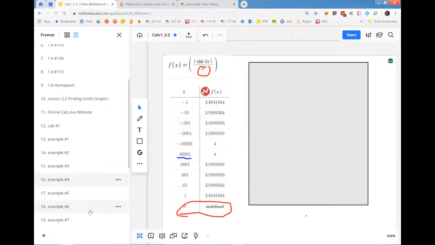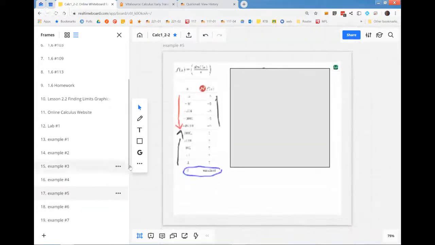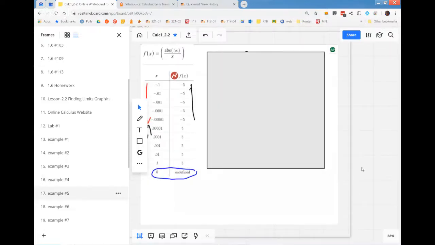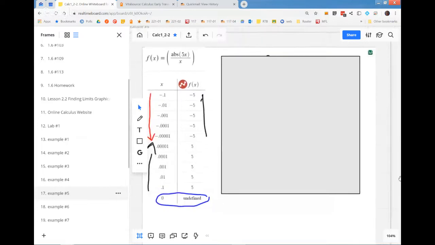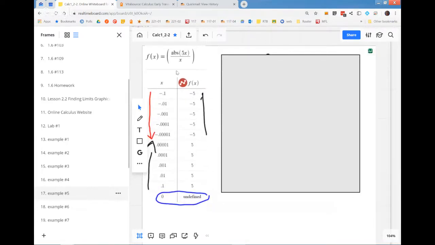Okay, let's look at example 5. So this is kind of unusual. Because I'm using Desmos, the formulas on the left are Desmos formulas, that's the way you write absolute value on Desmos. So, you know, bars around 5x. The absolute value of 5x divided by x.